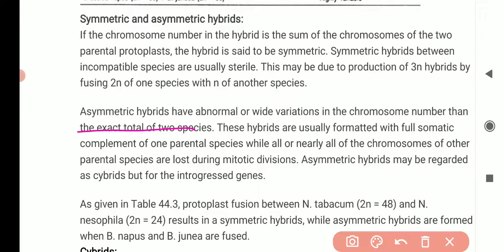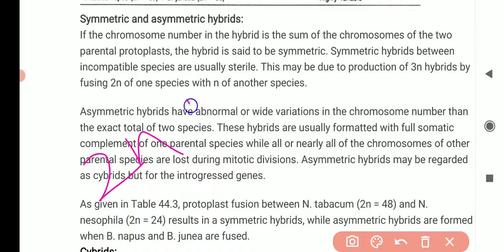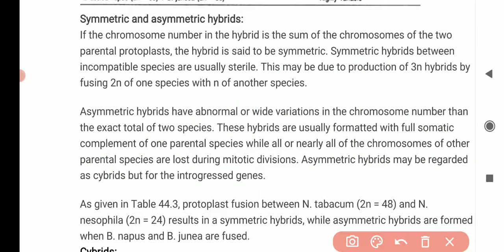Asymmetric ones will have abnormal variations in the chromosome number. So instead of 2n plus 2n, you are getting 3n somewhere, 1n somewhere, or instead of 2n and 2n, you are getting 6n. So these are asymmetric ones.